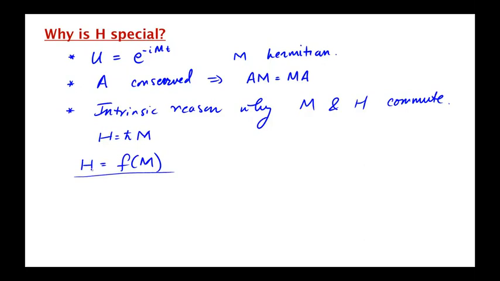But the next thing to show is that there are physical considerations which imply that if H is some function of M, this function must necessarily be linear.